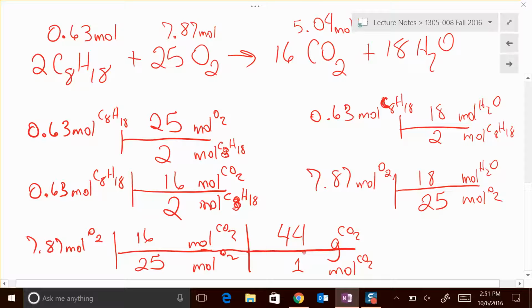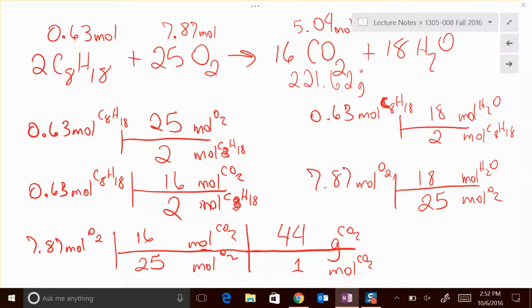Okay? 7.87 times 16 times 44 divided by 25. Okay? That's how many grams of carbon dioxide would be produced in this chemical reaction. 221.62. Okay? Which would be 5.04 moles.